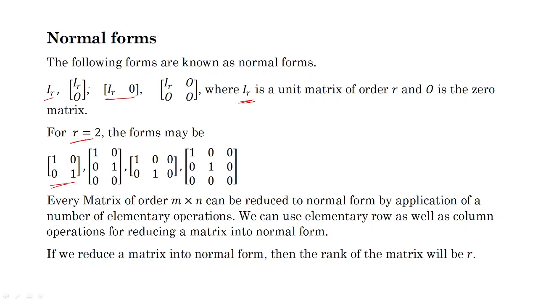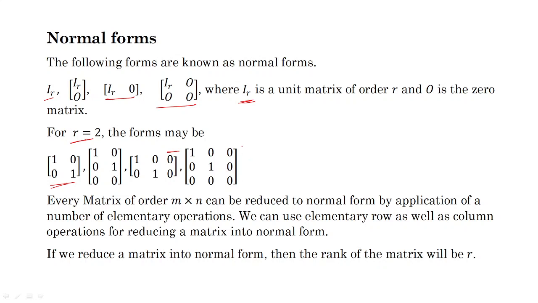Look at here. In [Ir 0], this is the unit matrix of order r, order 2 here, r equal to 2. This part is a unit matrix of order 2, and the remaining part may be one column, two columns, three columns, and the other entries are 0. The remaining matrix is a 0 matrix. Similarly, this one, Ir 0 0 0, means this corner is a unit matrix of order 2, and the remaining entries are 0.